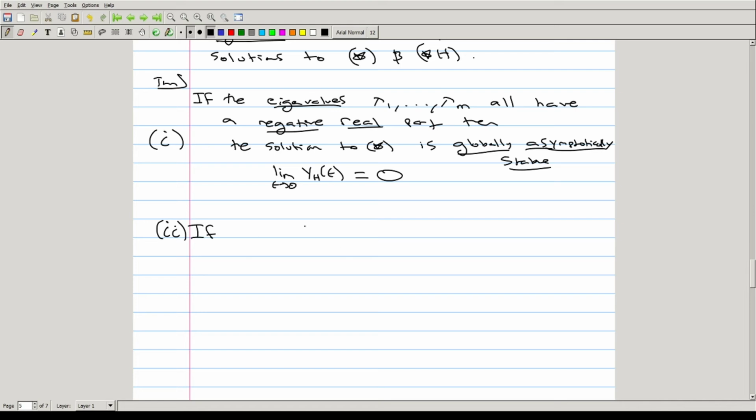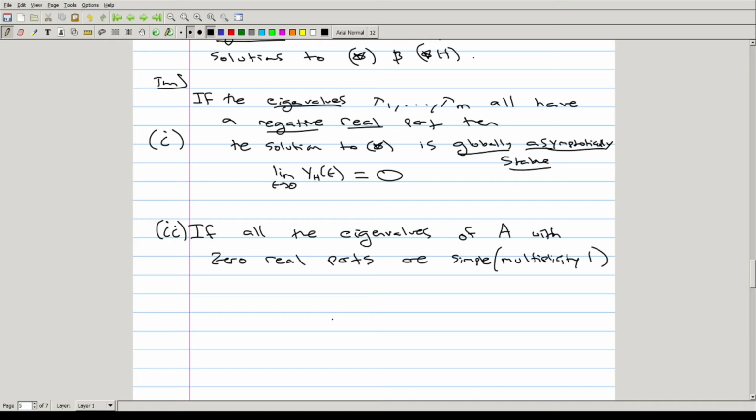If all the eigenvalues of A with 0 real part are simple, or have multiplicity 1, the solution is stable.